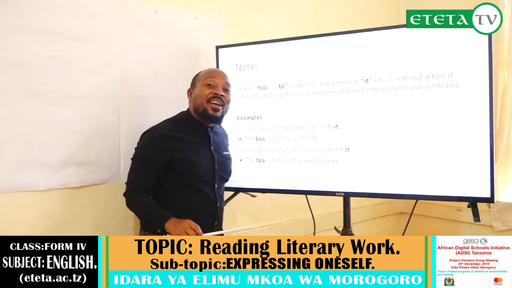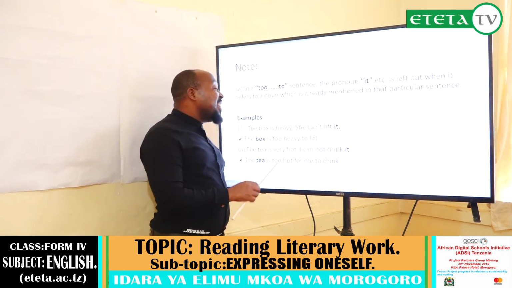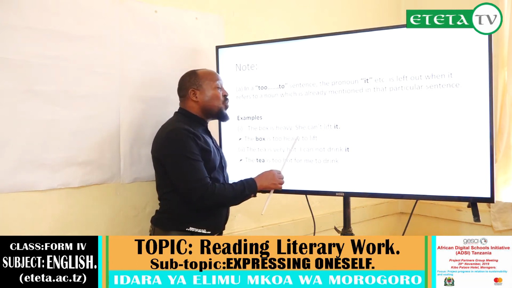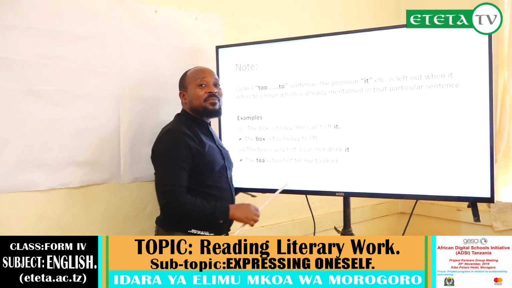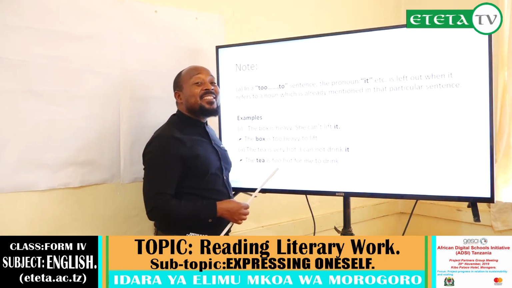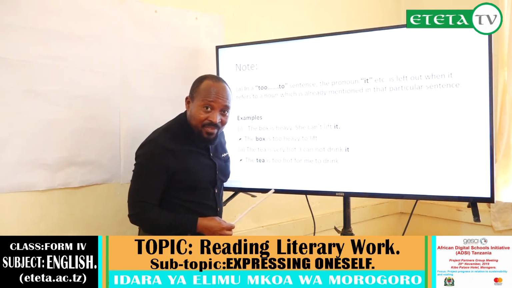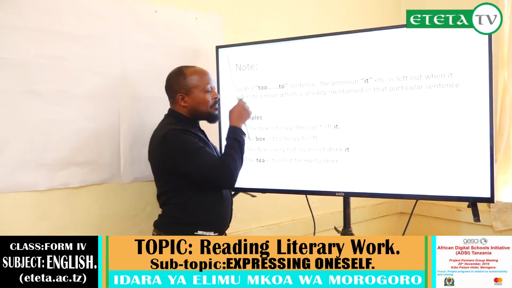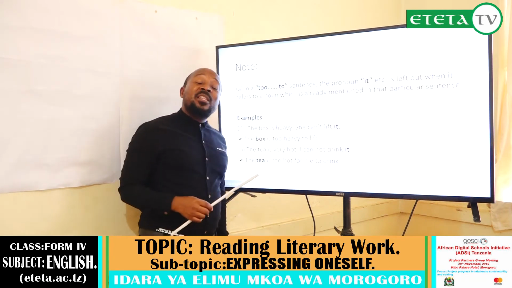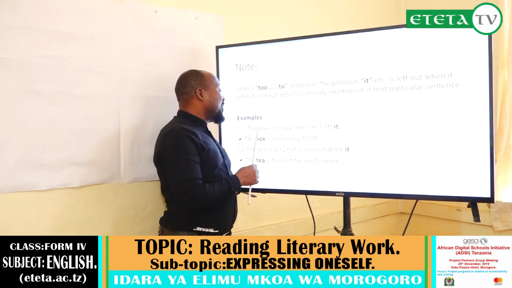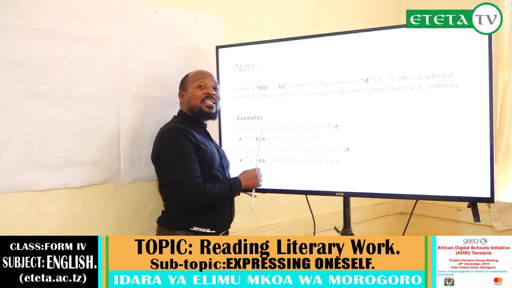You know why? Because by saying so it is as if you have said "the box is too heavy to lift the box". Does it make sense? No. So never repeat this one when it comes to the use of "too... to", simply because this pronoun refers to the noun right here.